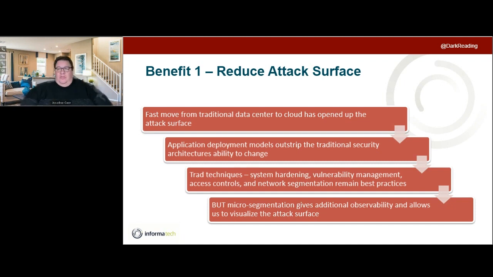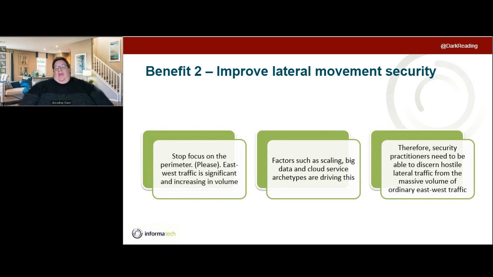It gives us additional observability and allows us to visualize the attack surface. And as humans, that visualization component is tremendously important. It allows us to think coherently about it. Lateral movement security. And I talk to a lot of security engineers and they say, oh, lateral movement, that's bad.